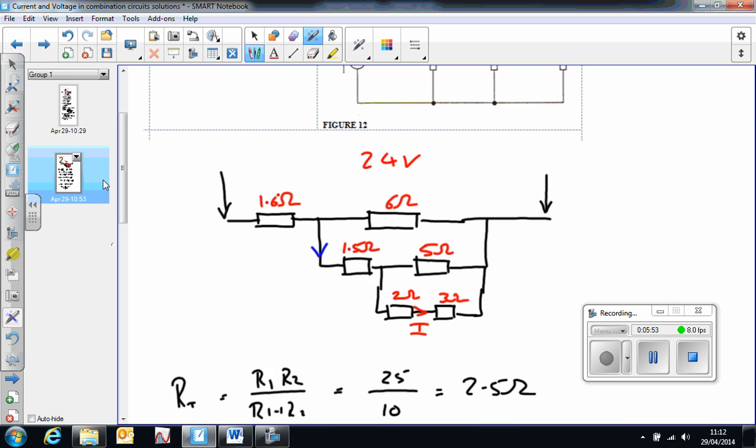And then again, I can repeat. If I know the current, I can find the voltage across here, and then I can find out what's left across here, which gives me the voltage across this combination. And so I can find the current, which is the final part of the problem. So see if you can carry on and complete the problem. The solution will appear below.